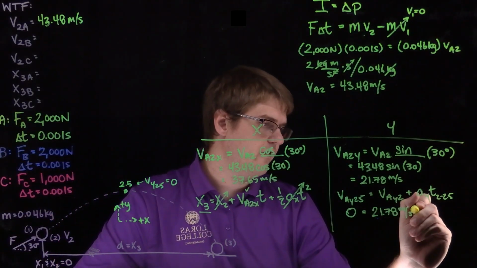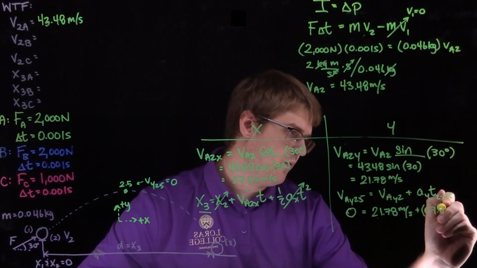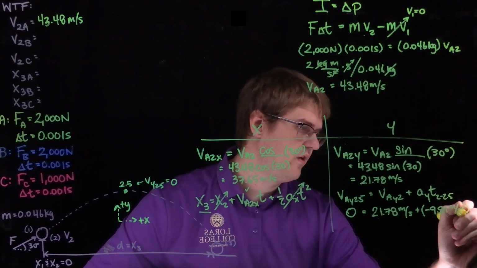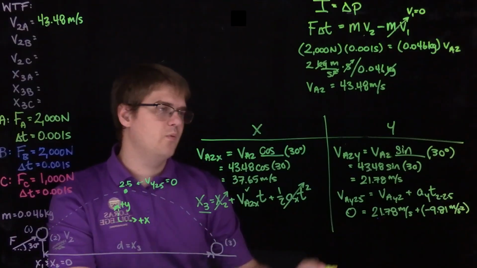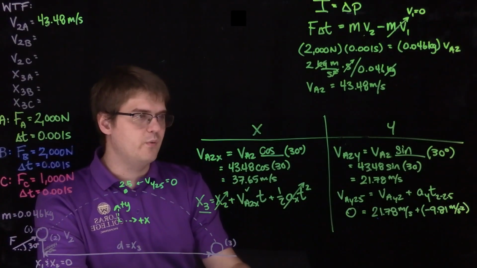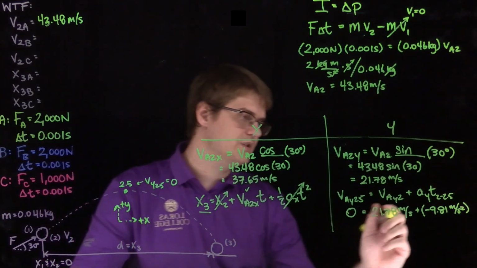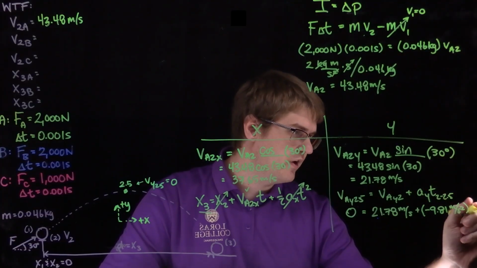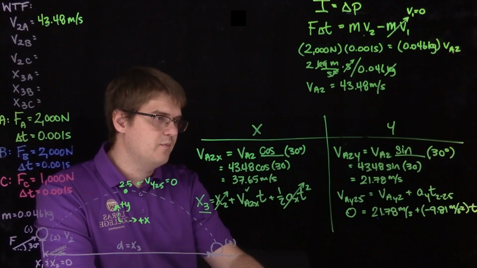And we have plus a negative 9.81 meters per second squared. That's negative because gravity is acting downwards, and when I did my force thing, we saw that acceleration in the y is negative g, which is negative 9.8, times this t. I don't have space for the subscript, I'm sorry.